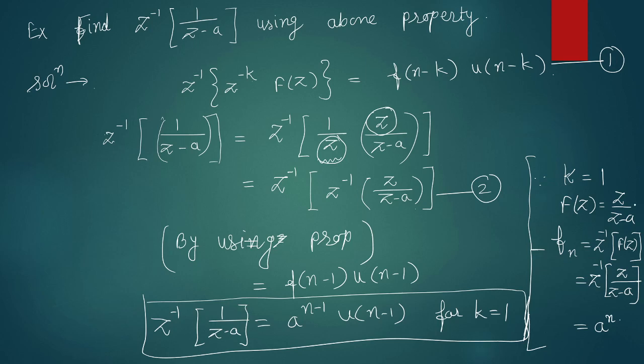F of z equals z upon z minus a. f of n equals the z inverse of this, that means a to the power n. Therefore, f of n equals a to the power n, then f of n minus 1 equals a to the power n minus 1. We substitute this value here and this is the required result.